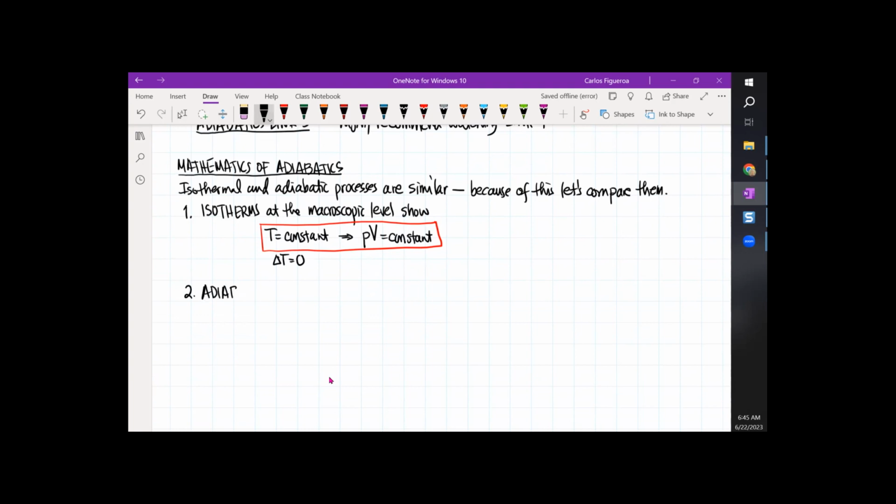Adiabatics at the macroscopic scale occur when Q is equal to 0, but at the microscopic scale require some modifications.